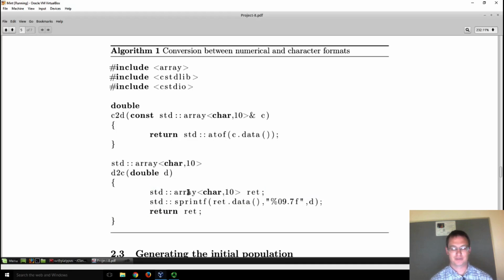It's been a while trying to research this one. We take in our double and use the sprintf function, and this particular format gives us what we want. This is a printf format if you've ever seen these. The 0 means fill in any blanks with zeros, 9 means 9 spaces, and 7 means 7 decimal places.